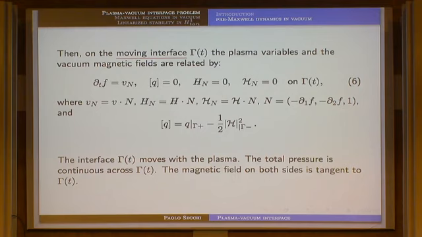The second one is the continuity of the total pressure on one side and the other side, plus two conditions that say that the two magnetic fields on the two sides are tangent to the boundary. And this n is a normal vector. These are the boundary conditions that we impose.